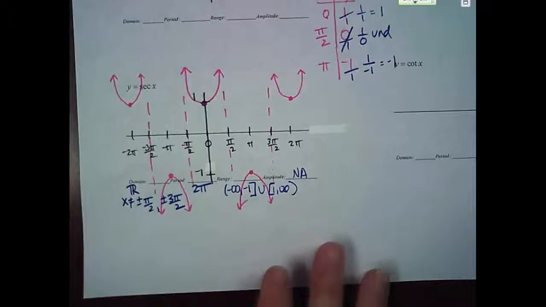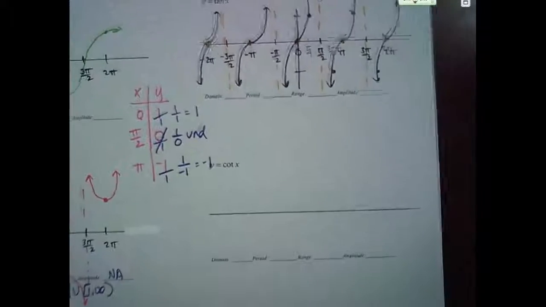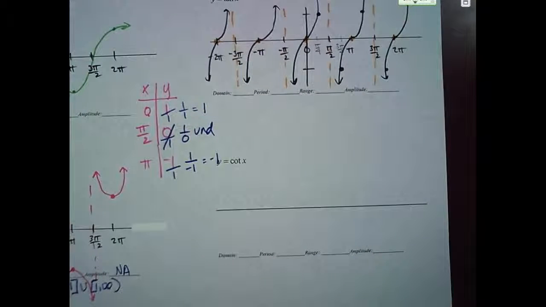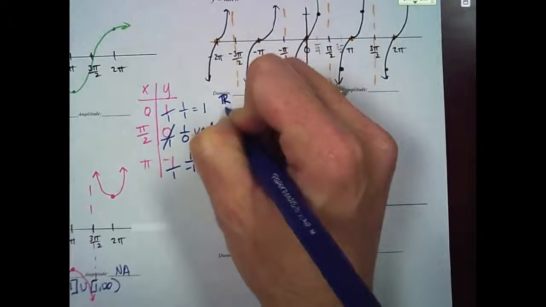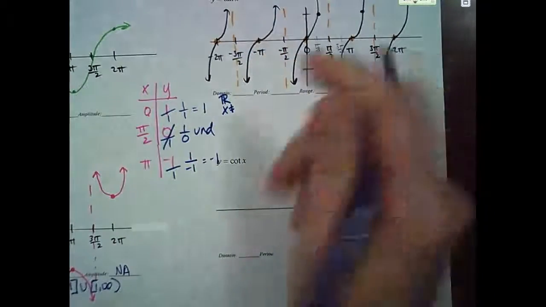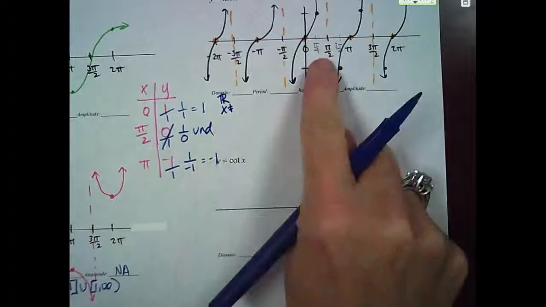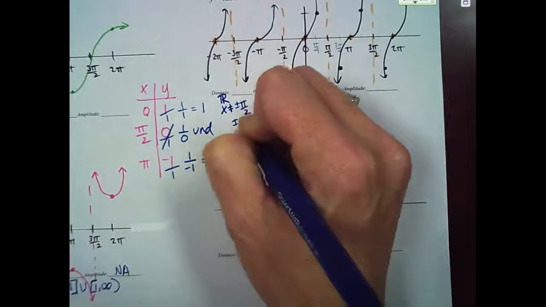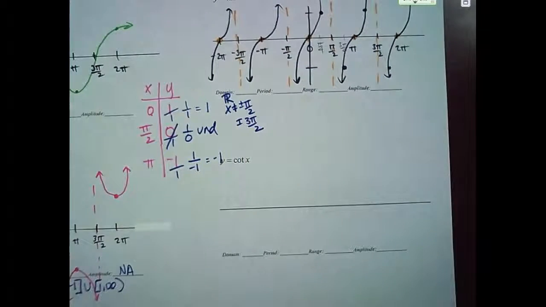Okay, you're almost finished. Go over to tangent and fill these in real quick. What's the domain of the tangent? All real, except what can x not be? All real, x can't equal, just look at your picture. Positive and negative pi over 2, positive and negative 3 pi over 2.